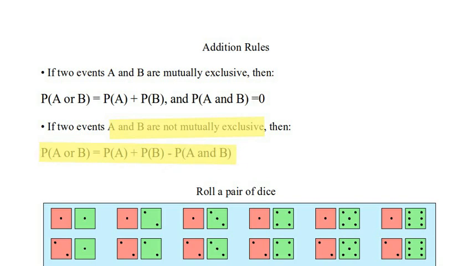And the reason is because we've counted that probability of A and B twice. In other words, that was inside the probability of A, it was inside the probability of B. So we've counted it twice, we subtract it once, so that we've only counted that overlap once. So you can also look at these as arithmetic formulas. You can simply say that this tells us how to combine stuff. So you can look at these conceptually, or you can look at these kind of mechanically.